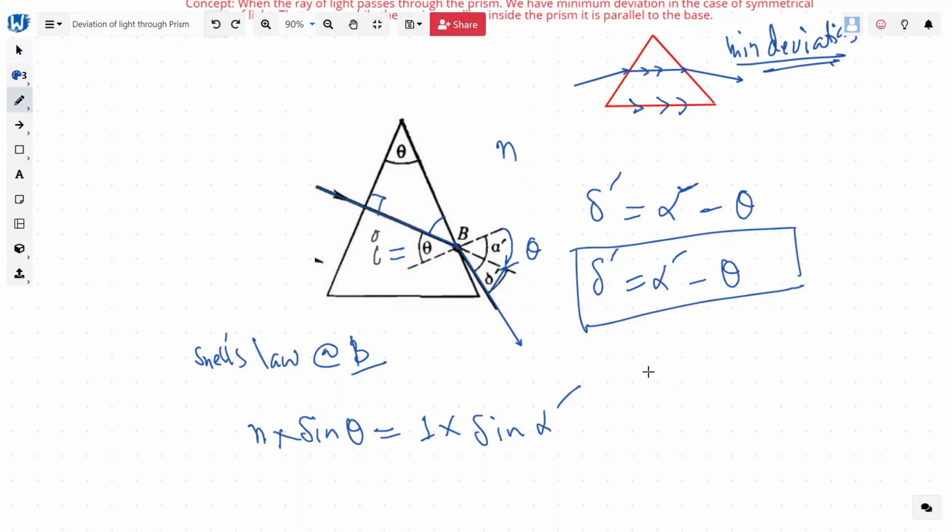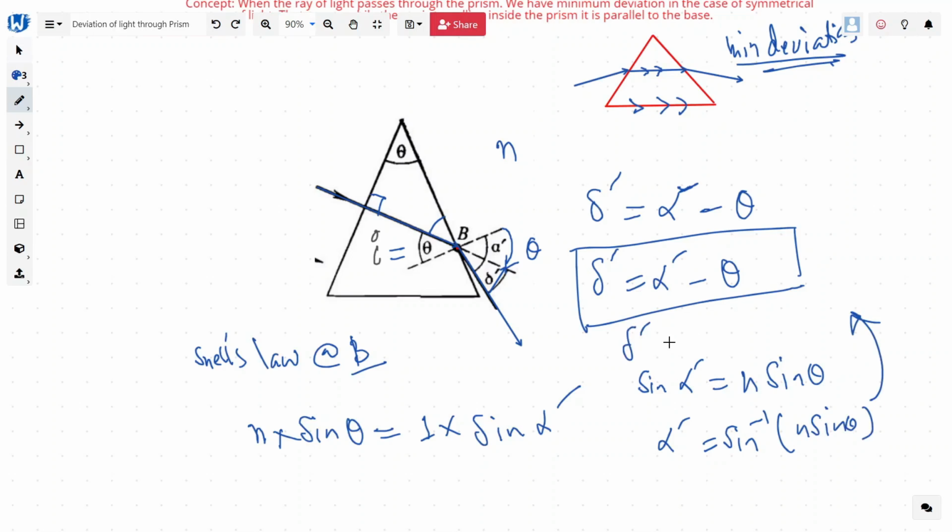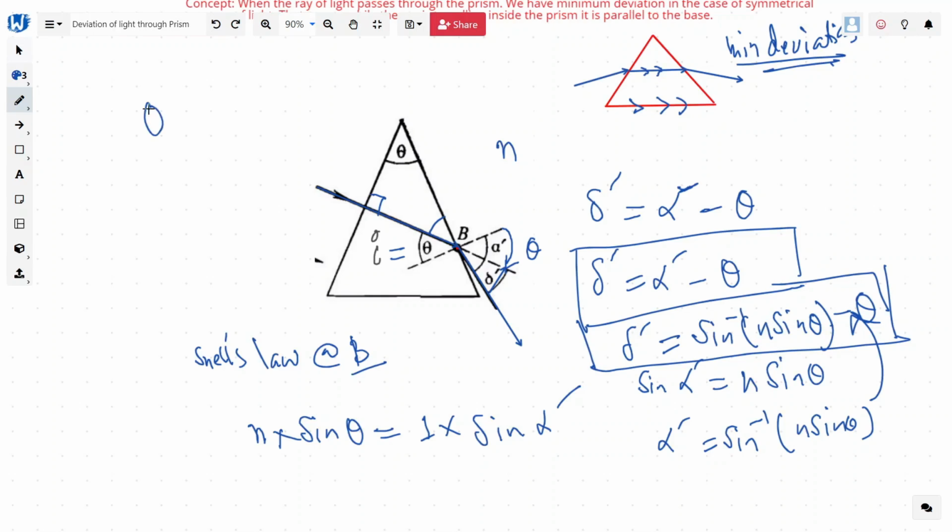So sine of alpha dash is equal to n sine theta. Alpha dash is going to be sine inverse of n sine theta. Plug this in here and we have our delta, which is sine inverse of n sine theta minus theta. So we can find the deviation because we know theta. Now everything is in the form of known variables. Theta is known and n is known, so we can find the deviation. Hence the problem is solved.